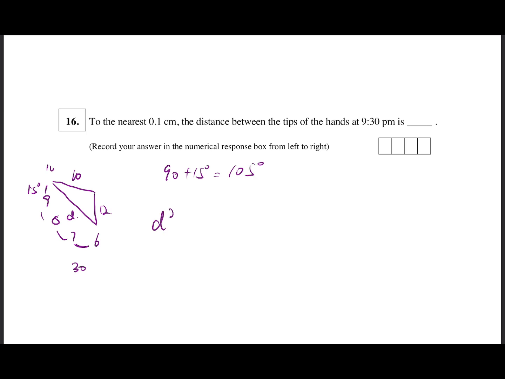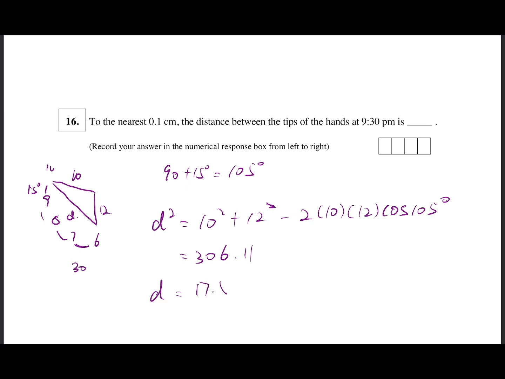Then D squared equals 10 squared plus 12 squared minus 2 times 10 times 12 times cosine 105, so it's 306.11, so D equals 15.5 centimeters, so the answer is 15.5.